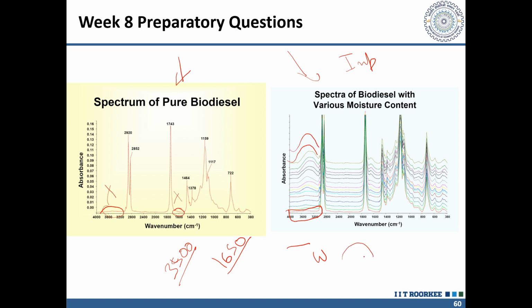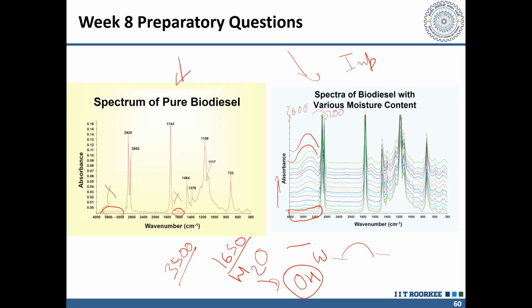This broad area here in the 3600 to 3200 range shows the amount of hydroxyls, and H2O also has a hydroxyl. So therefore, the higher the amount of H2O, the higher the intensity of this peak.